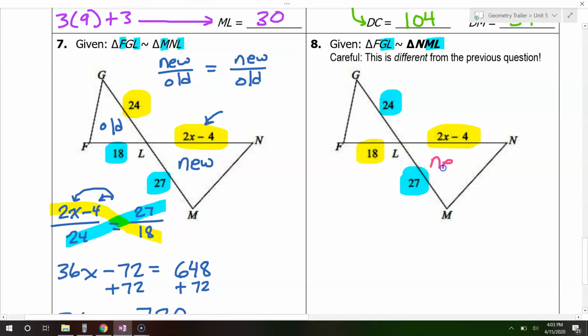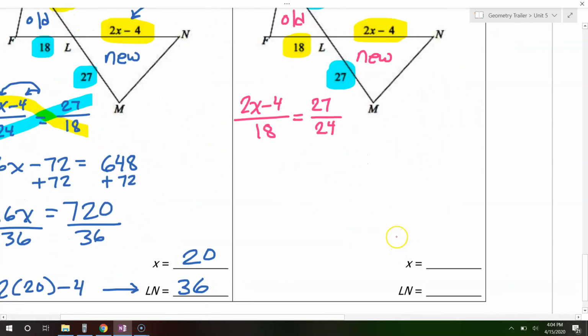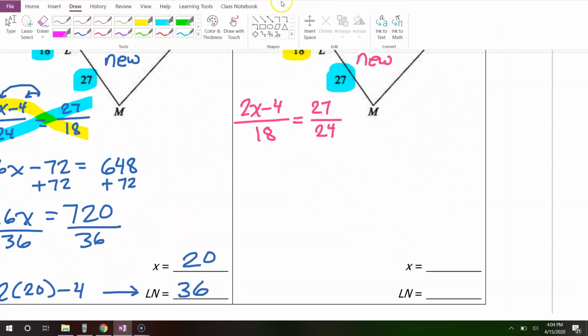Okay, so I'm going to call this new, and I'm going to call this one old, and I'm still doing new over old equals new over old. Starting with the yellows, that will give me 2x minus 4 over 18 is equal to 27 over 24. All right, and now it is time to cross multiply.